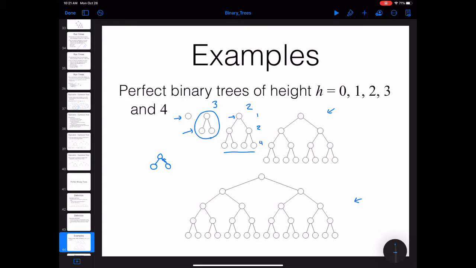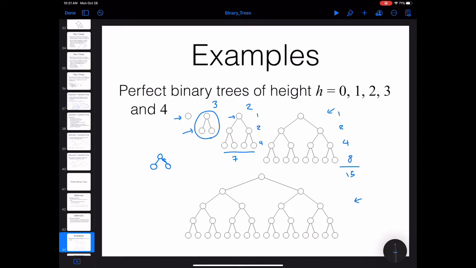How many nodes in total? The total number of nodes here is going to be 7. I can follow the same rule: one node for the root, then 2 nodes for the next level, 4 nodes at the next, and 8 nodes at this level. How many nodes in total? It is going to be 15.